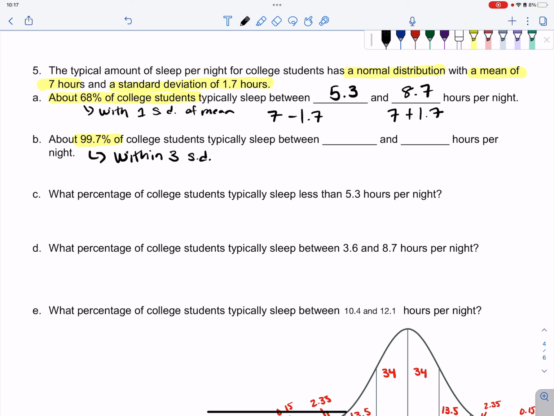So we get 12.1 for the upper bound. And then I also need to take my mean of 7 and subtract the standard deviation of 1.7 from it 3 times, and we get 1.9 hours for the lower one. So we can say 99.7% of college students typically sleep between 1.9 and 12.1 hours each night.